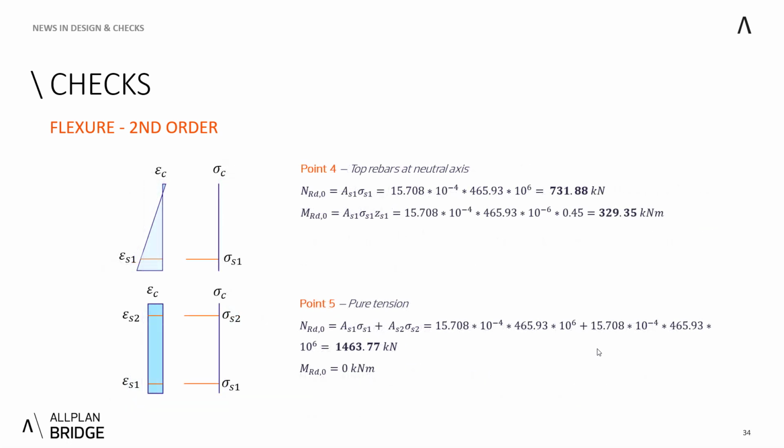Moving to the last 2 points, we move it a little bit more down the road. So at point 4, we have the neutral axis now at the top rebars, and these are the corresponding values.